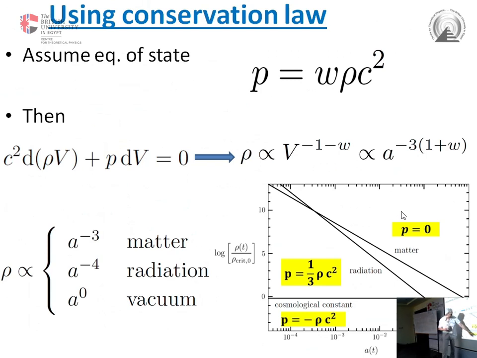And remember we said that it causes the universe to accelerate, and it has a negative equation of state, w equals minus 1, and rho is constant. So you put w equals minus 1 here, and this is 0, and rho is constant. Right?